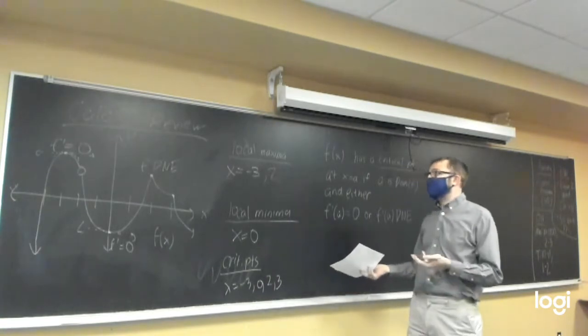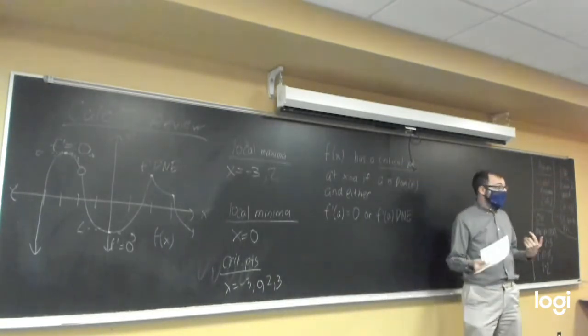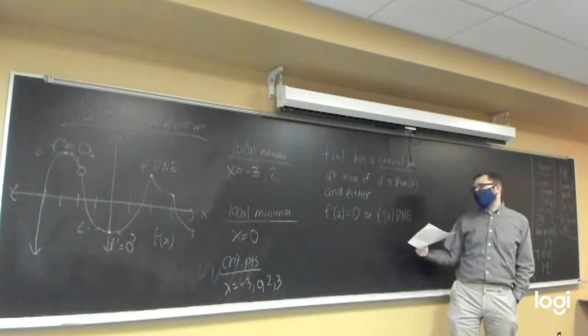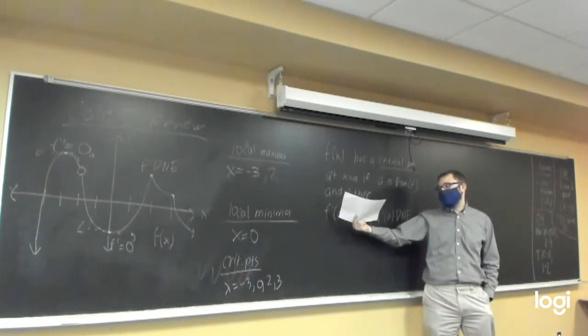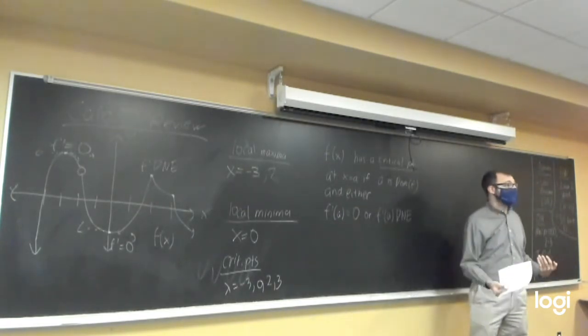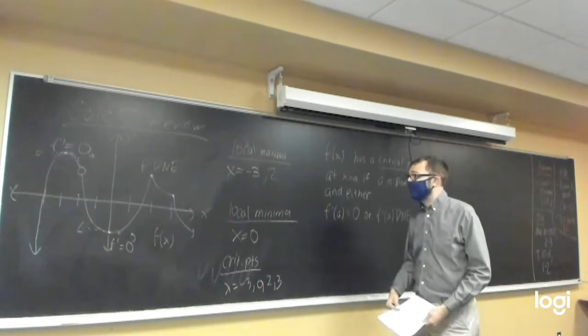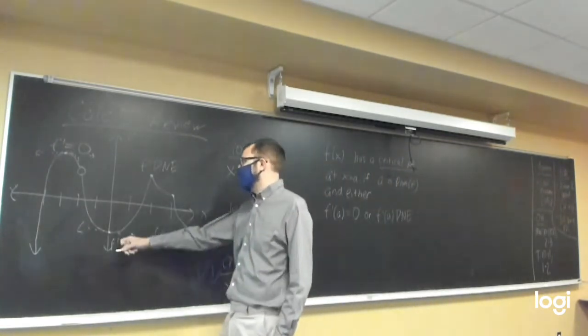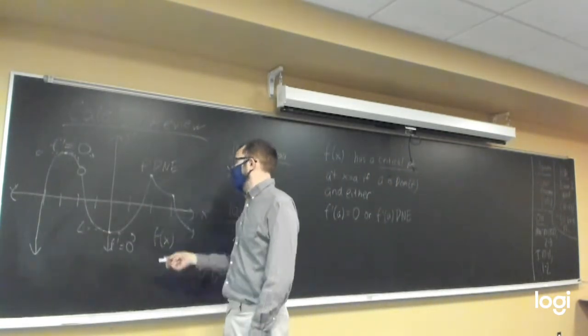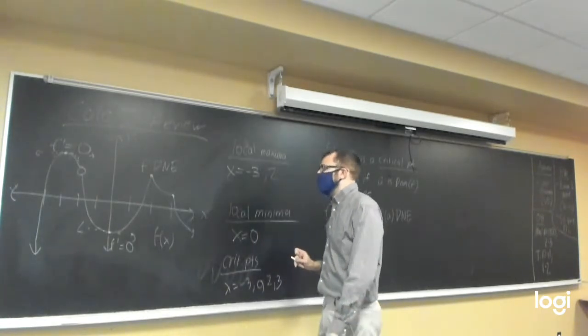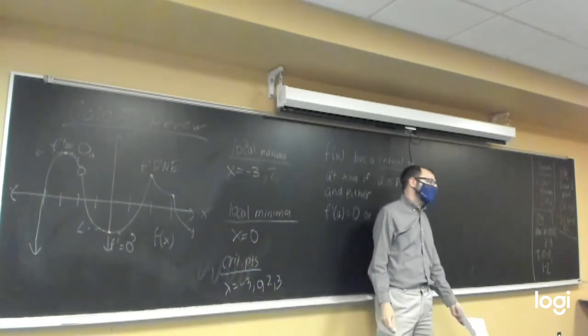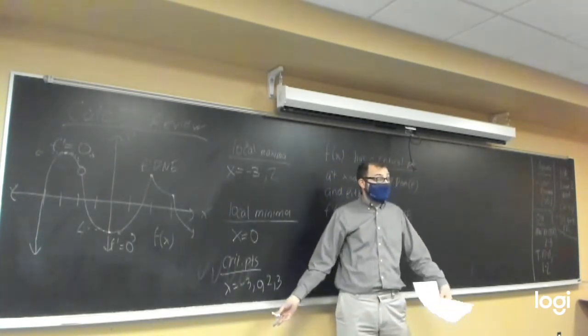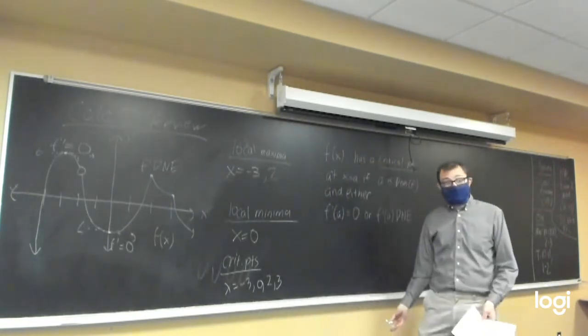All 4 of these are in the domain, and f prime is either 0 or undefined at each of them. It'll be 0 at x equals 0 and -3, and it'll fail to exist at x equals 2 and 3, because the slopes from the left at those 2 points are different from the slopes coming from the right.